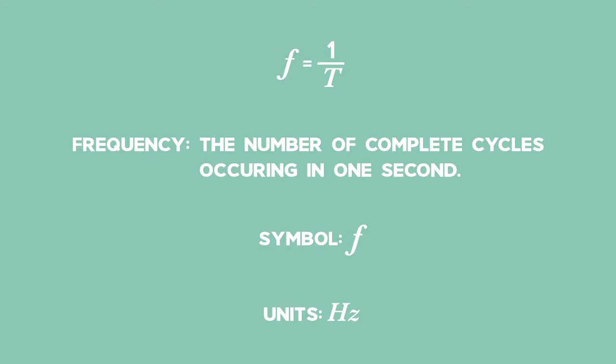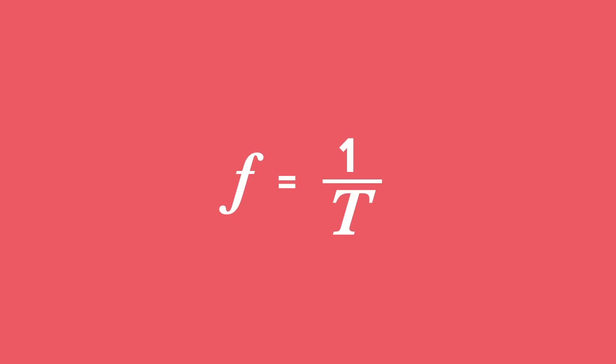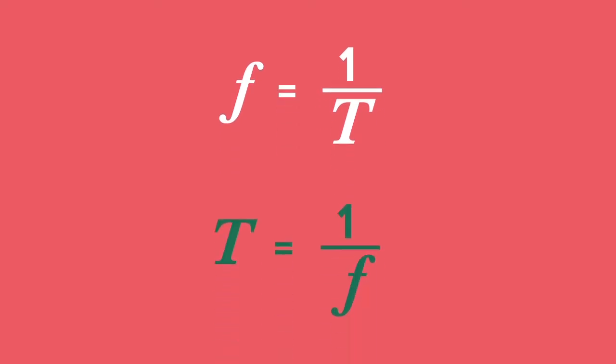The simplest relationship between period and frequency is this one. The frequency of a wave is equal to 1 divided by the period, or vice versa. We can also say that the period is equal to 1 divided by the frequency.